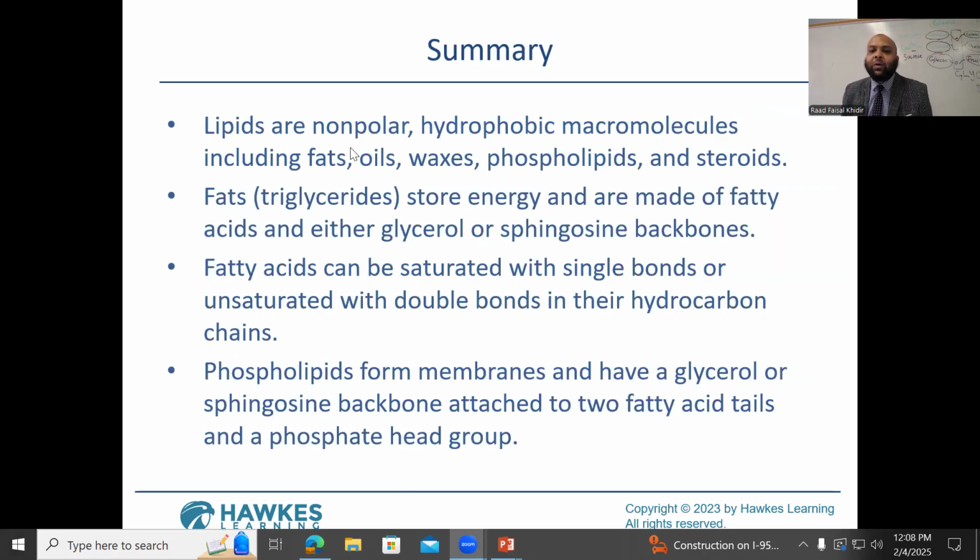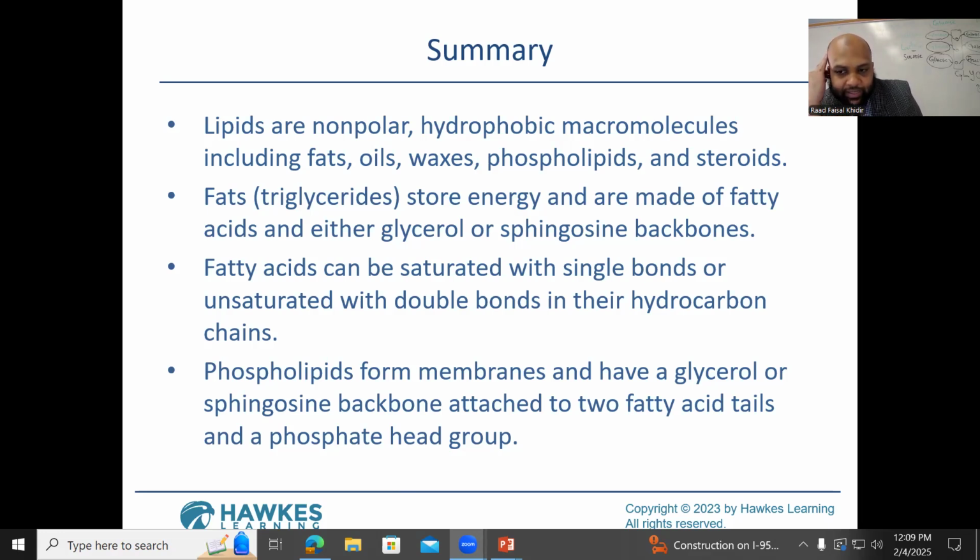So lipids are nonpolar. You've got to remember that they are nonpolar, hydrophobic macromolecules, including fats, oils, waxes, phospholipids, and steroids. Fats like triglycerides store energy and are made of fatty acids and either glycerol or sphingosine.